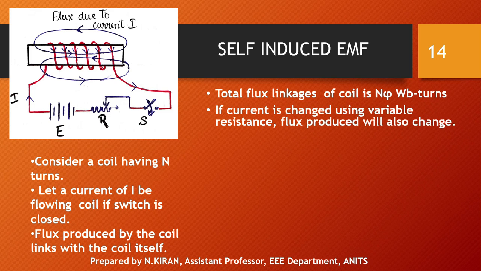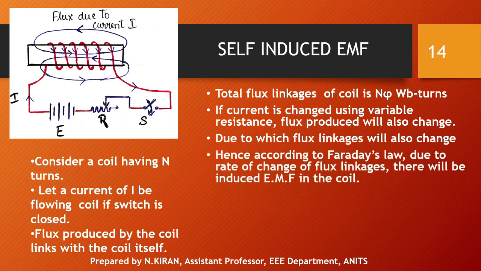Now, using the variable rheostat, I will change the current flowing in the coil. As soon as the current changes, the flux associated with the current will also change, so the flux linkages, that is N into phi, will also change. According to Faraday's law, when there is a change in flux linkage, EMF is induced in the coil.